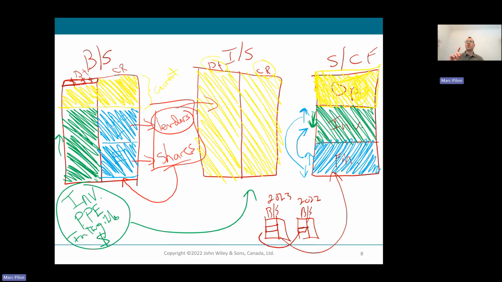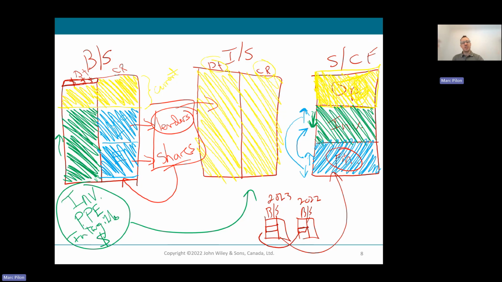Okay. So because of this muddiness in the water, it's not black and white, there are choices. So the dividends are part of the shares, and the shares are part of financing activities. We determine that.